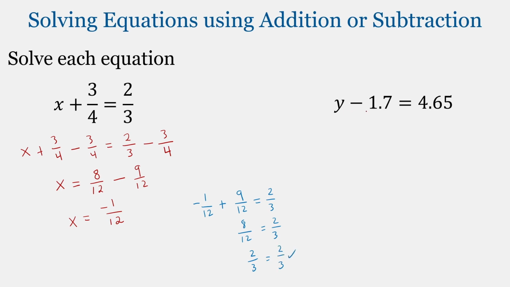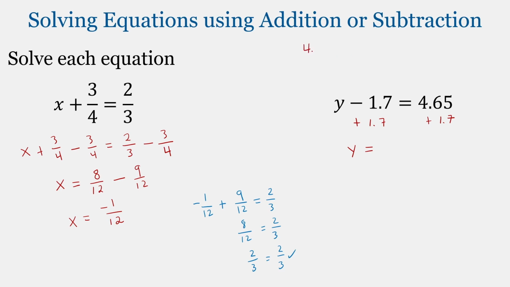And finally, y minus 1.7 is equal to 4.65. So we're subtracting a 1.7, so we're going to add 1.7 to both sides. This is going to give us y equal to, and then just do a quick review of adding decimals.